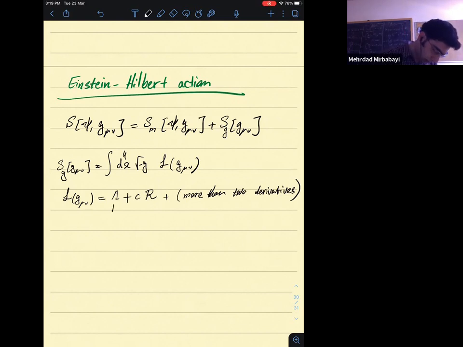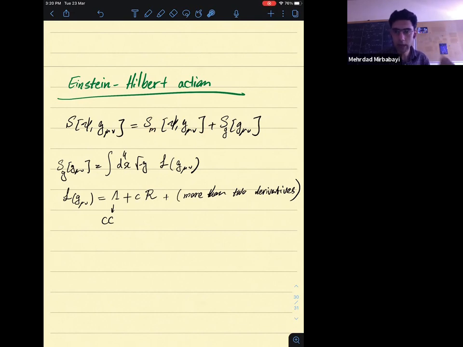So this first term is called the cosmological constant. It is common to put the cosmological constant inside the matter action. In principle, there could be a constant coming from the matter action, and I also like to do that, so I would eliminate this cosmological constant from here.